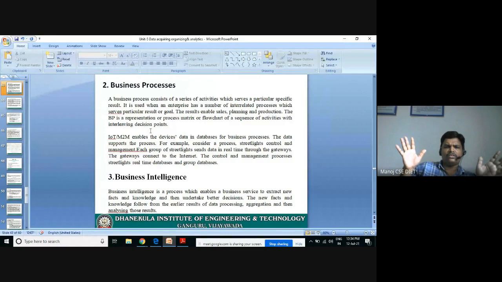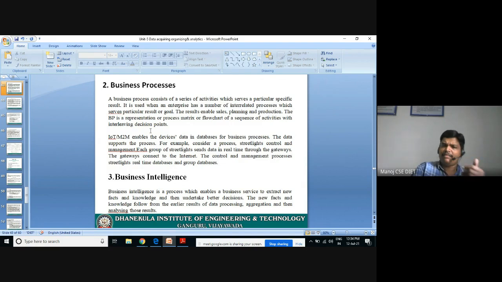All the new facts and new knowledge regarding your business, you can even access based on the earlier experiences and earlier results by this data processing and aggregation. So you can do it based on some analytics, or analyzing all these results. You may consider the earlier results also for getting the new facts and the knowledge, which can lead to somewhat better decisions regarding your business. That's what business intelligence is.